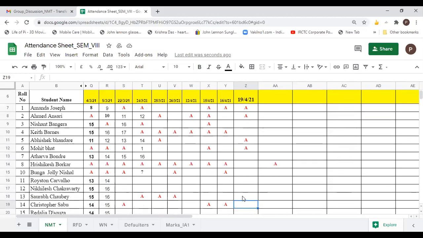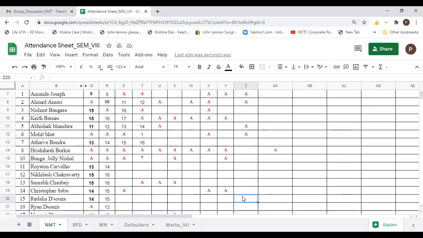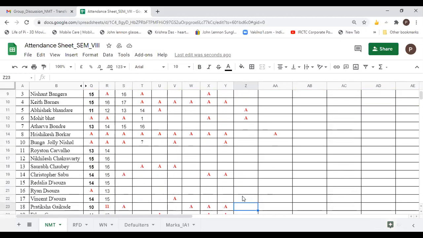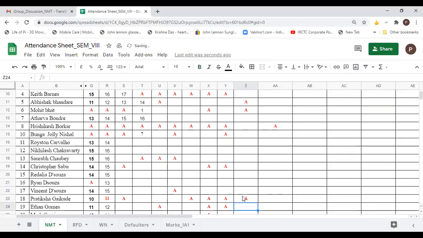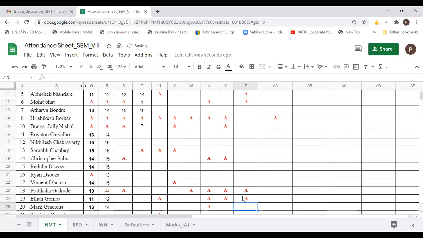Nikhilesh is there, Saurabh is there, Christopher, I'm present. Italia is there, Ryan is there, Vincent is there, Pratiksha, Ethan, Mark.